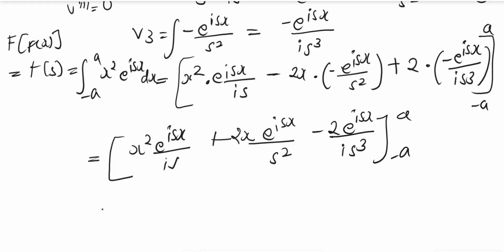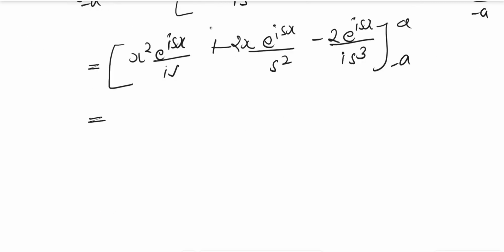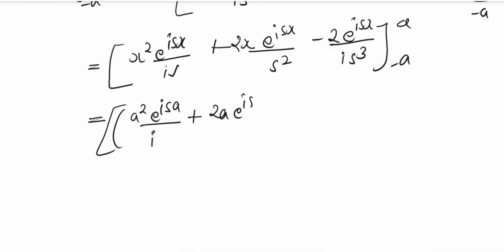Now put the limit. For the upper limit it is a square e raised to the power iota sa divided by iota s plus 2a e raised to the power iota sa divided by s square minus 2 e raised to the power iota sa divided by iota s cube.